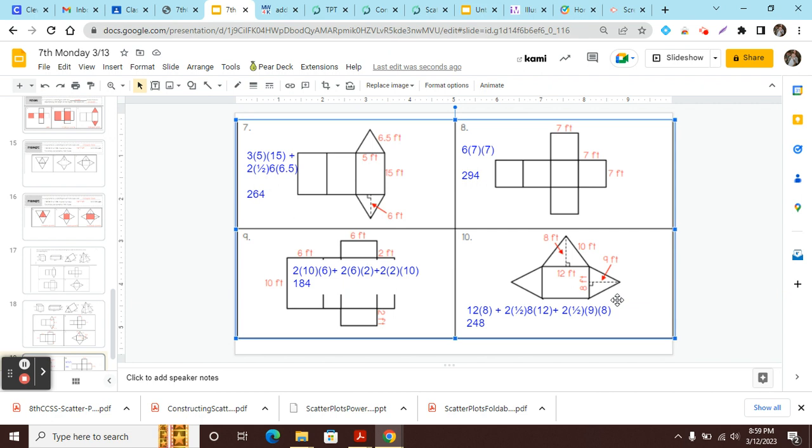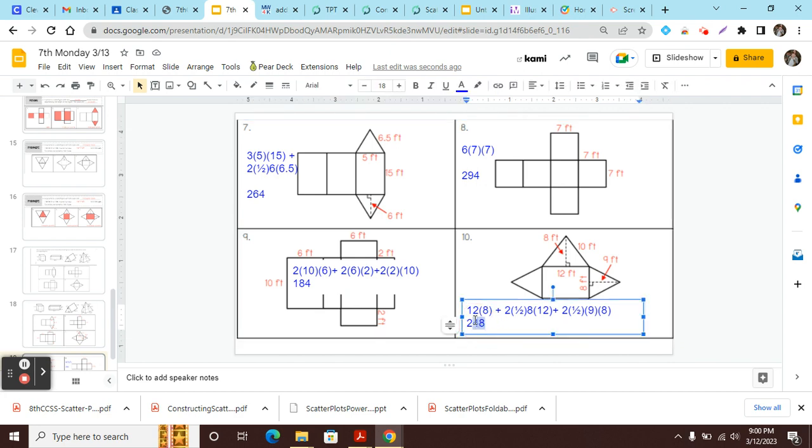So we have 12 times 8, close parentheses, plus 2 times 1/2 times 8 times 12 plus 2 times 1/2 times 9 times 8. And we get 264. So I had messed that one up because I put a 10 instead of a 12, but we got it fixed.